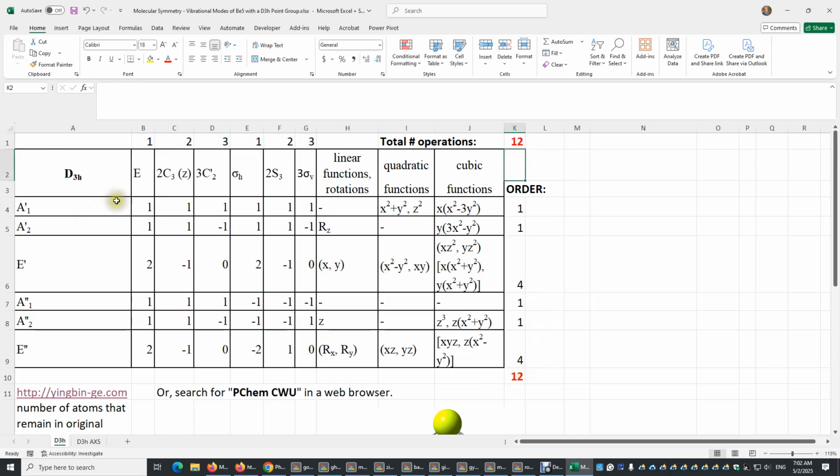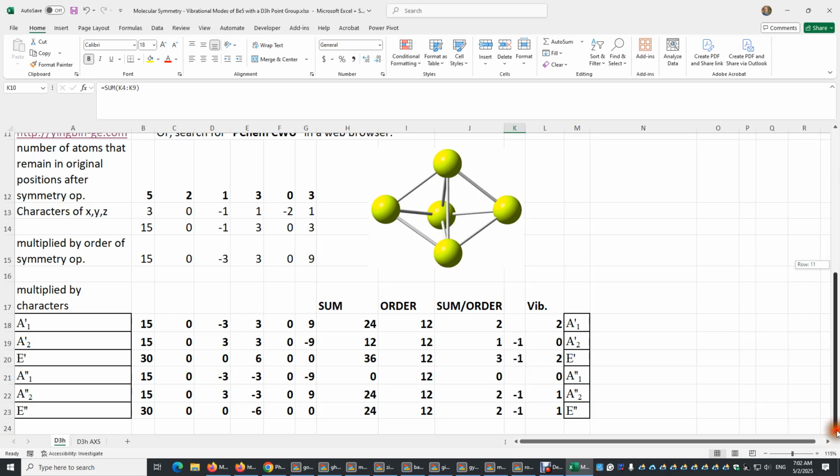Also you can square all those numbers under the identity operation. If you square them, you get 1, 1, 4, 1, 4, 1. You sum it up, you also get 12, which is the order of the D3h point group. And then we do a division here. The sum divided by order, we get 2, and then 1, and 3, and 0, and 2, and 2. Make sure you have integers here.